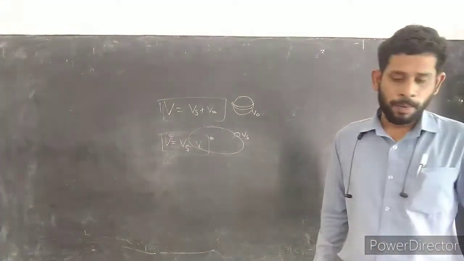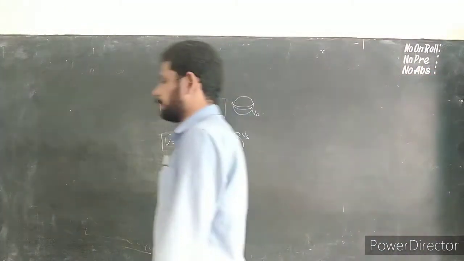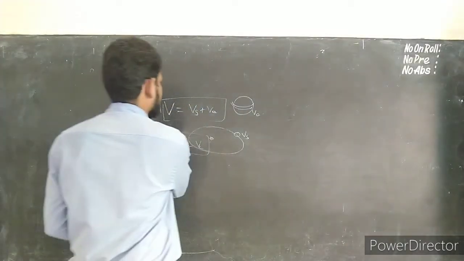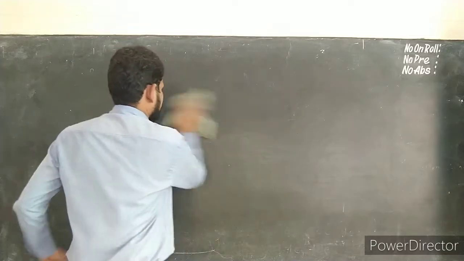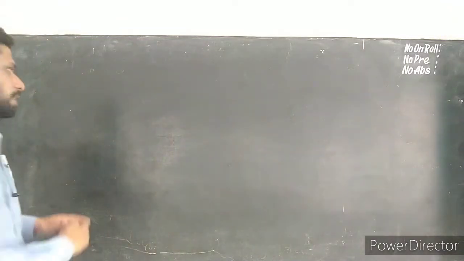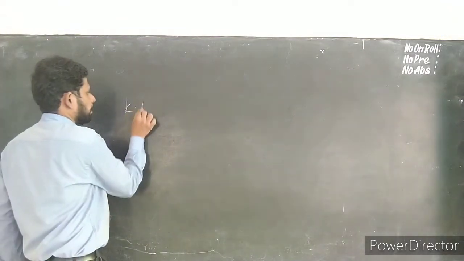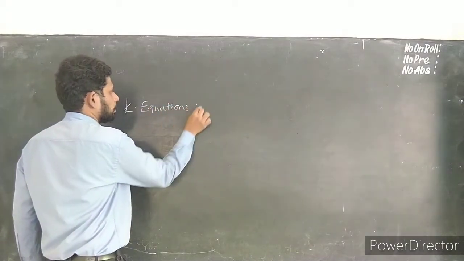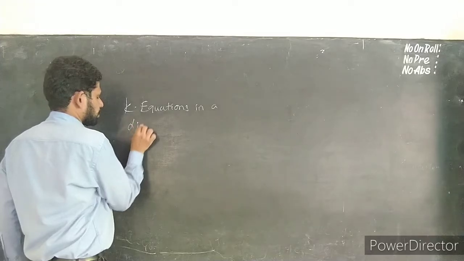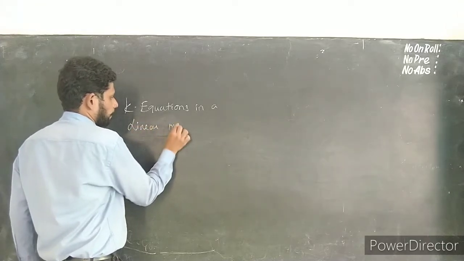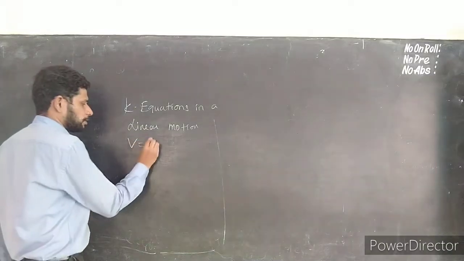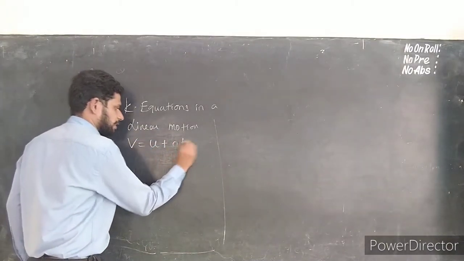What is meant by kinematic equations in circular motion? Tell me first what the kinematic equations in linear motion are. V equals u plus at.